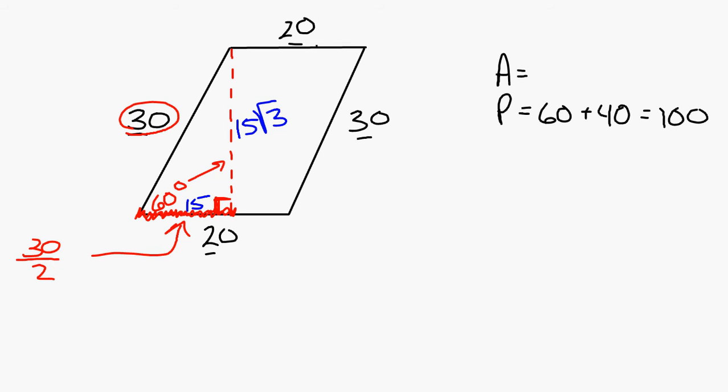There's your height. So the area of this parallelogram is going to be equal to your base, which is 20, times your height, which is 26. And 20 times 26 is 520.